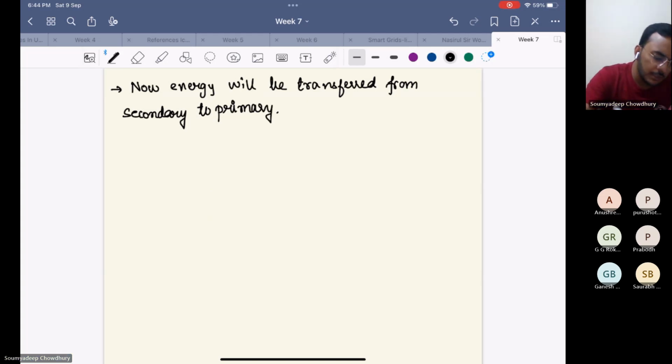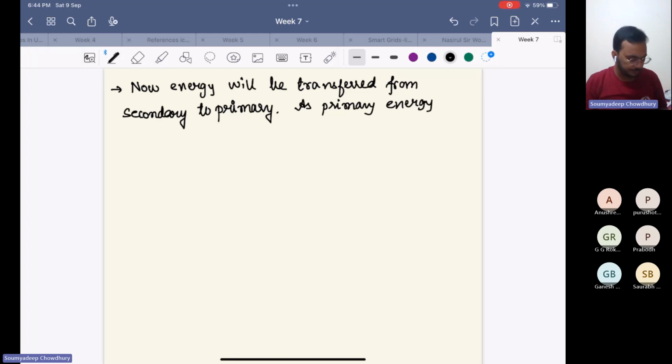And as the primary energy builds up, again it transfers to secondary.